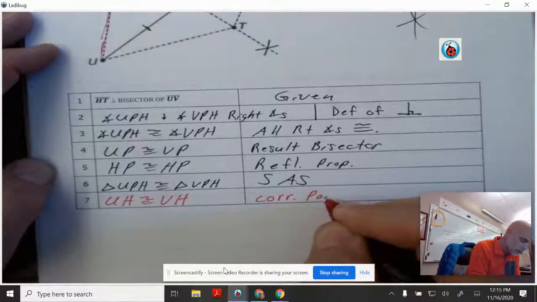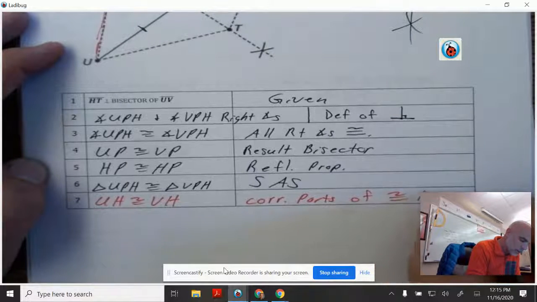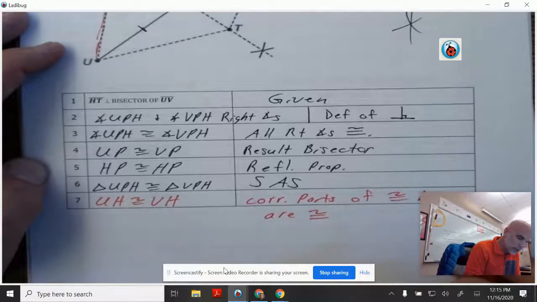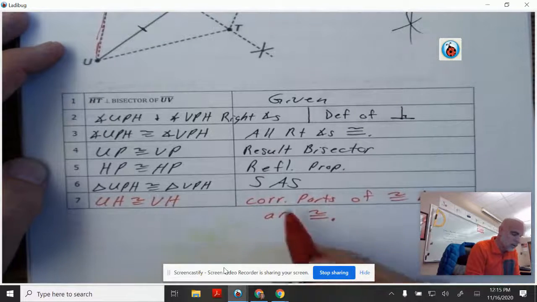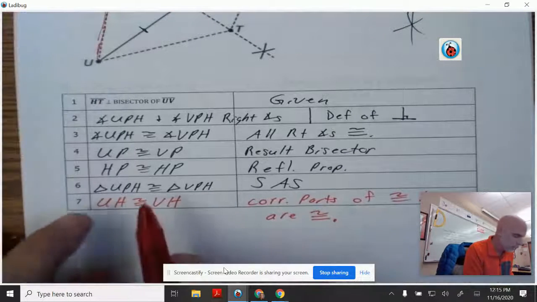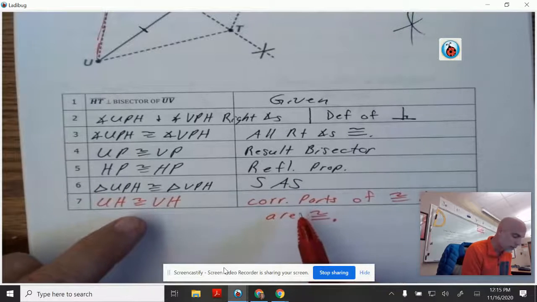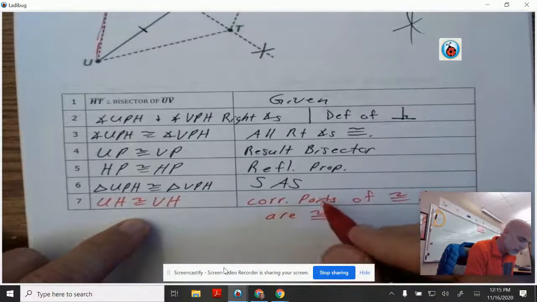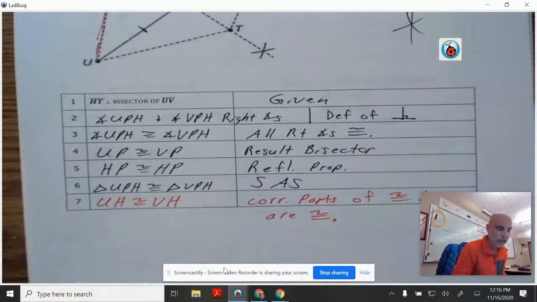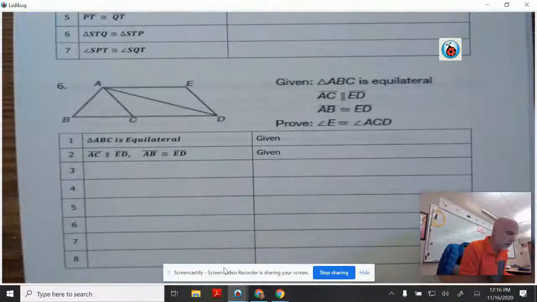Corresponding parts of congruent triangles are congruent. All right. This sentence right here, you are going to use a lot because we don't always just end our proof with step 6. Sometimes we just add that one little step down there at the bottom and say that all the corresponding parts are congruent when the triangles are congruent. Done. You should be able to do that and use that over here on page 9.